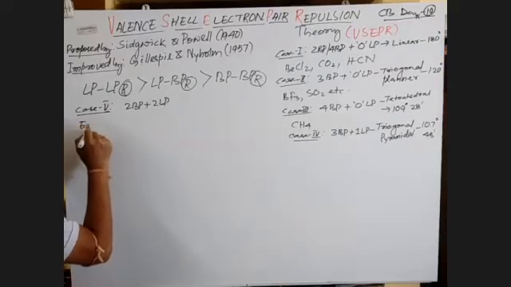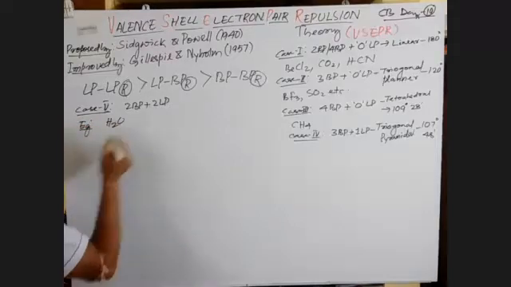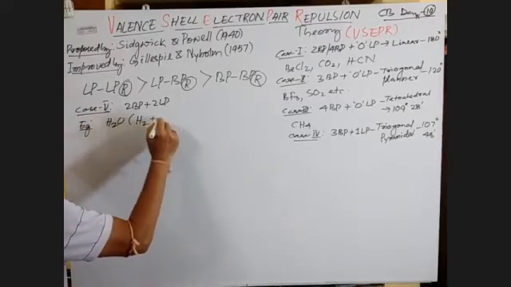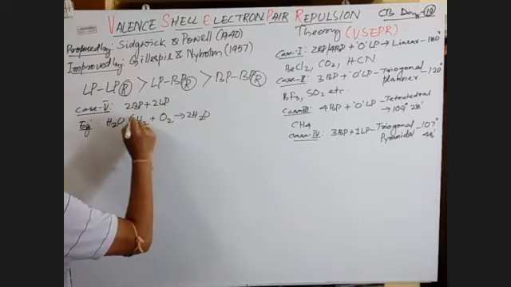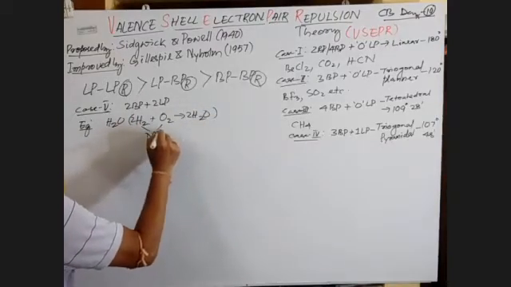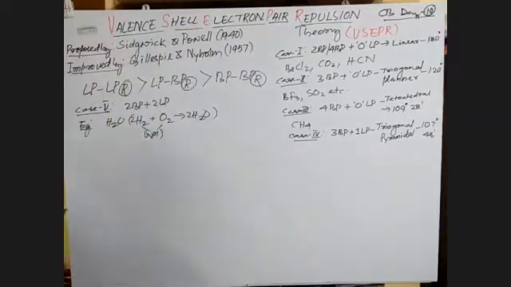The example of this is the water molecule. How is water forming? Hydrogen reacts with oxygen, forming 2H2O. Both are non-metals, so it is forming by covalent bond.